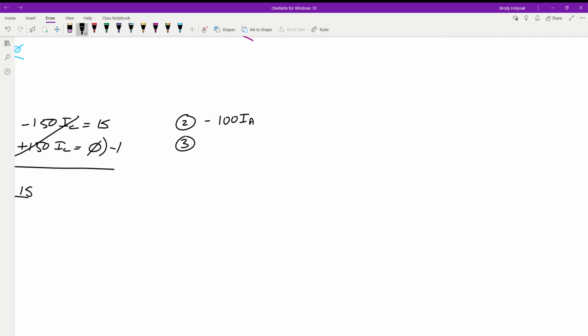Sorry, negative 100 IA plus 1.25K IB minus 150 IC is equal to 0. And then 3 was negative 150 IA minus 150 IB plus 1300 IC equals 0.